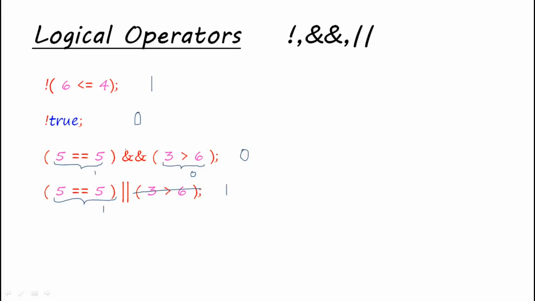On the other hand, with and, if the first expression is true, depending upon whether the second expression is true or false, the answer of and will vary. But if the first expression is false, the compiler doesn't need to check whether the second expression is true or false. It would simply give the answer as 0 without evaluating the second expression. This is called short circuiting.